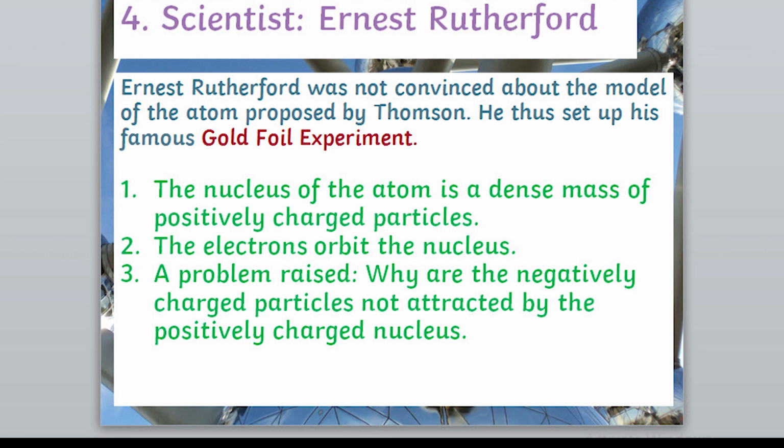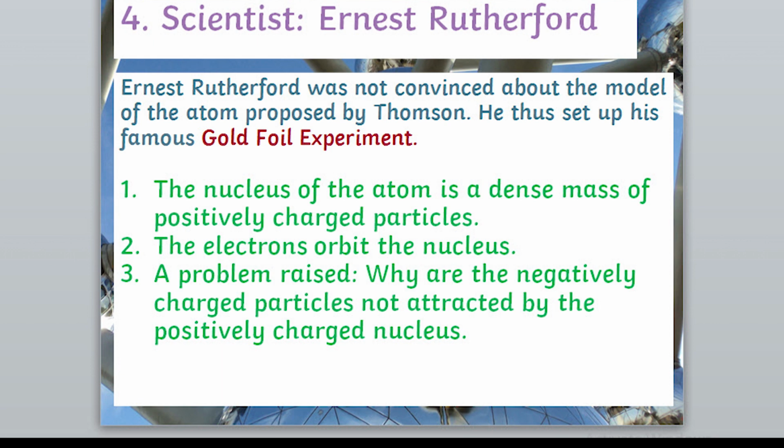Later on, during 1911, Rutherford set up his famous gold foil experiment. Accordingly, he concluded that the nucleus of the atom is a dense mass of positively charged particles, and the electrons orbit the nucleus.